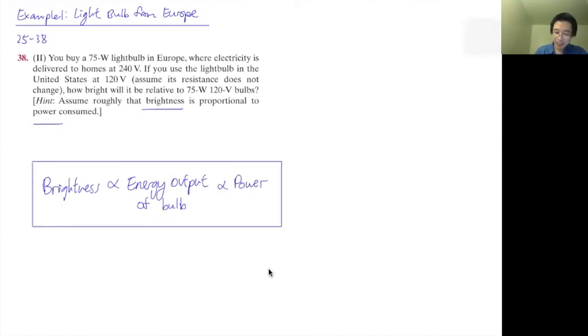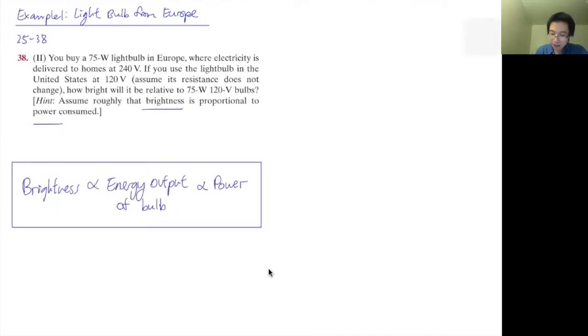The more energy it produces, the brighter it is, and energy per unit time is power. So the question is, how bright would it be compared to a light bulb with 120 volts? You want to calculate the power.